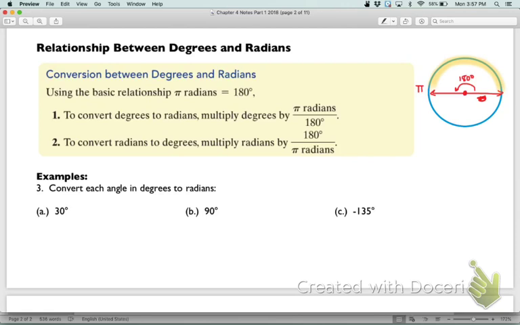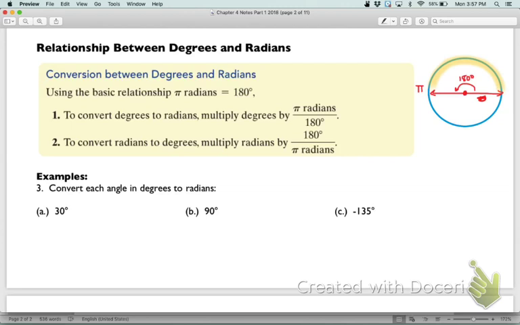So if I want to convert to radians, I take degrees and multiply by pi radians over 180 degrees. That cancels out degrees. If I want to convert the opposite way, we flip it because we want radians to cancel. So right now, if we look at number 3, we have 30 degrees and we want to convert that to radians.